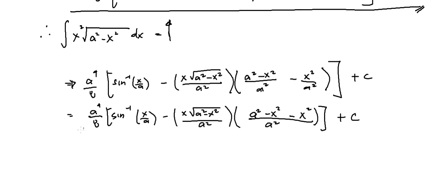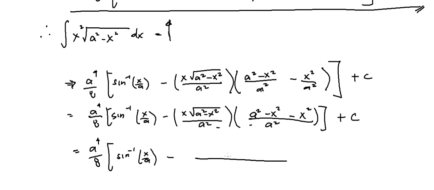So we have a to the 4 over 8 multiplied by arc sine x all over a minus, multiplying this one, we have all over a to the 4, and then x square root of a squared minus x squared by this is a squared minus 2x squared, right?